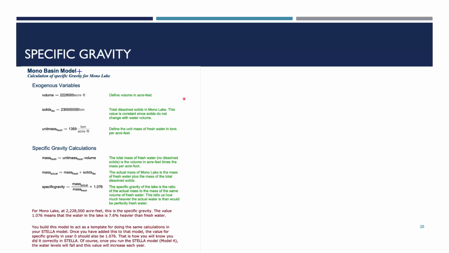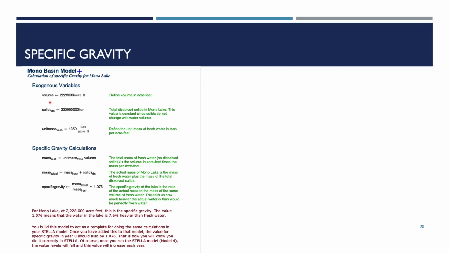We have them calculate the relationship, the specific gravity being just the actual mass of the lake divided by the mass of the same volume of fresh water. At our starting point in 1990, we have specific gravity of 1.076.